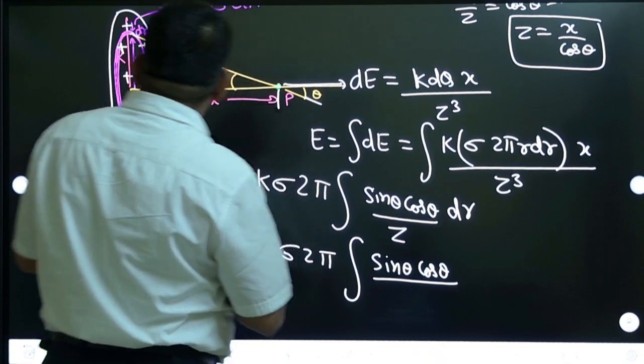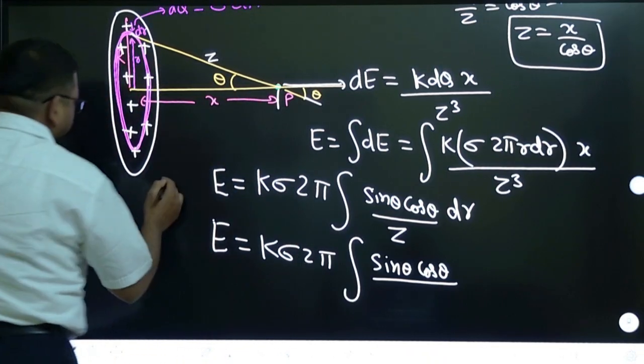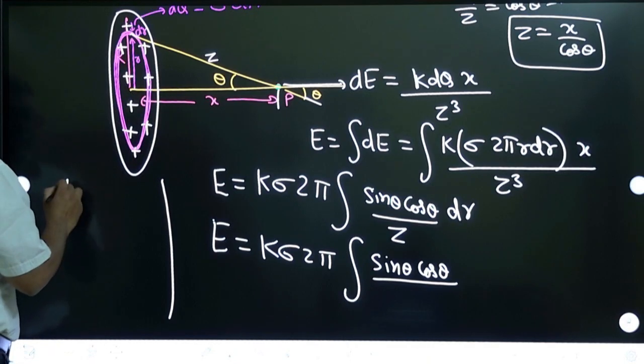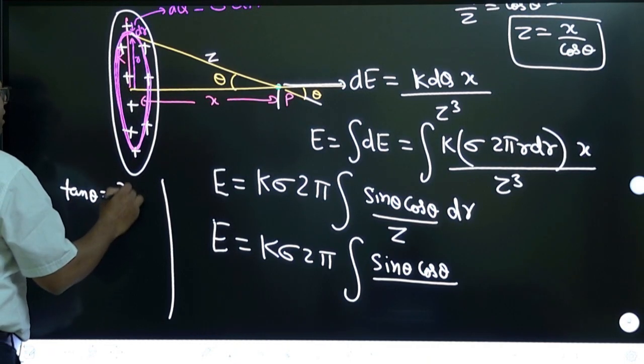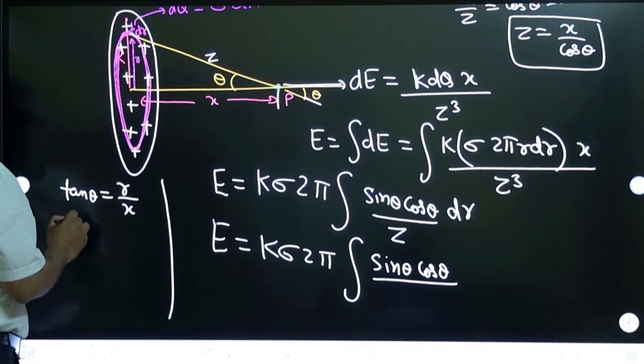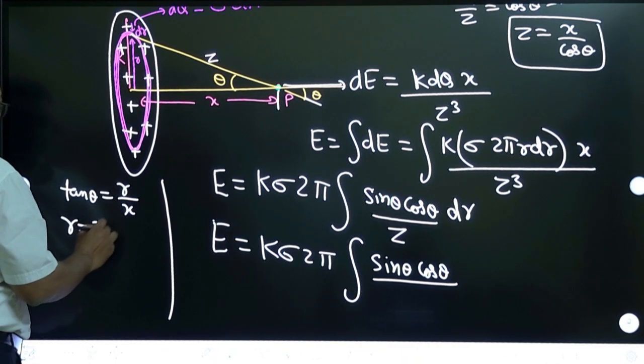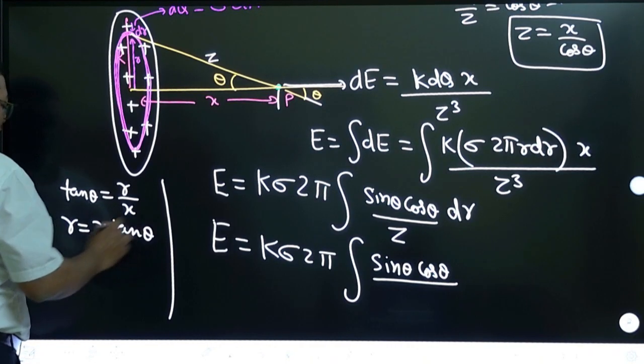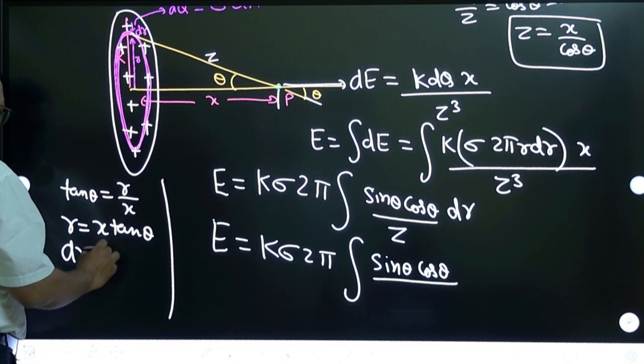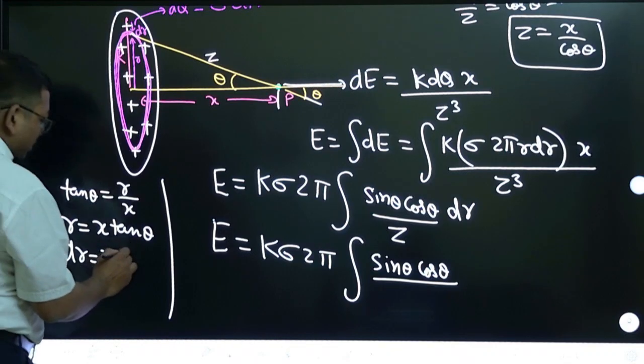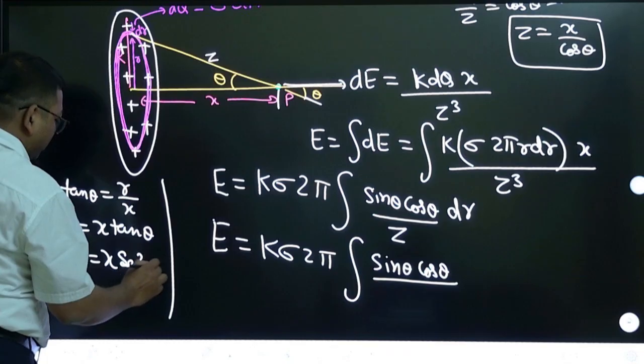Dr also we need to break. So how do you do that? I think it is better to write tan theta. Tan theta we can write as r by x. So r becomes x tan theta, and if I differentiate dr, x will come out. Tan theta differentiation is secant square theta d theta.